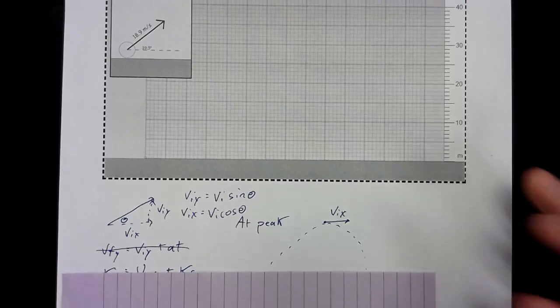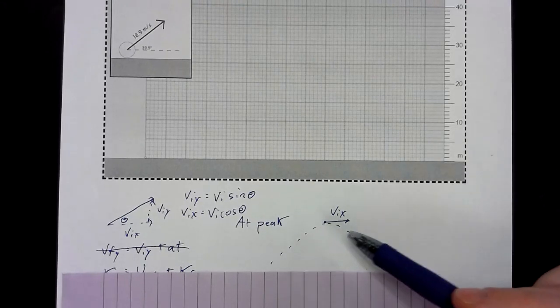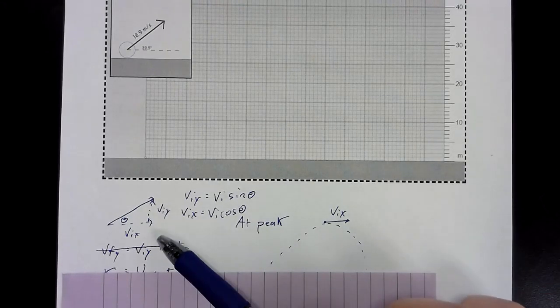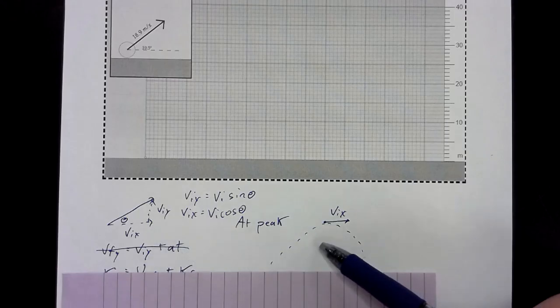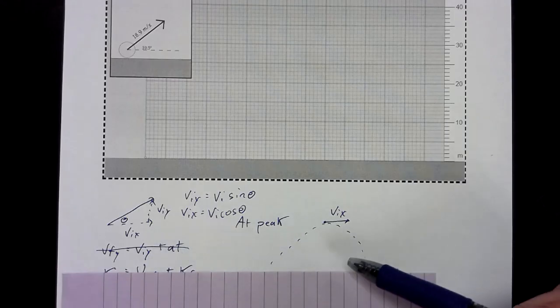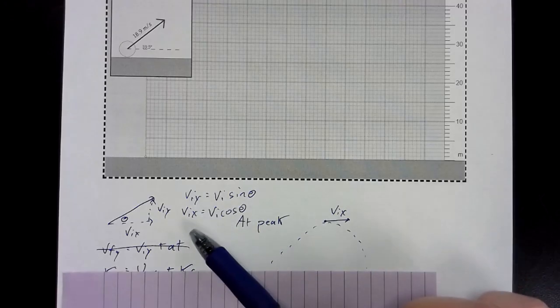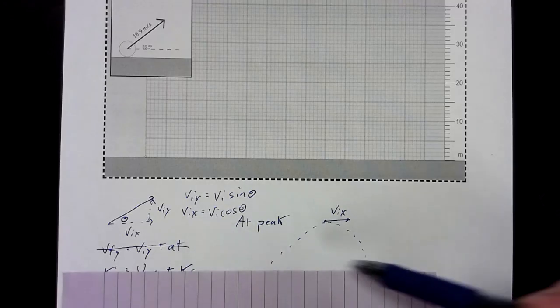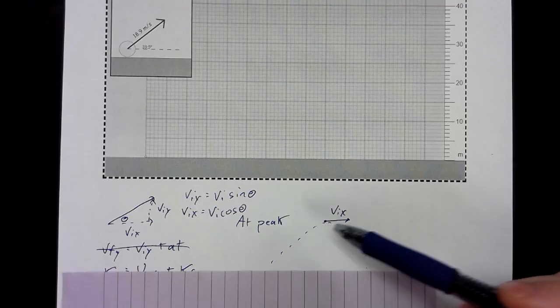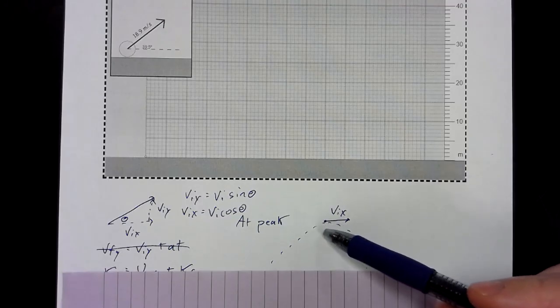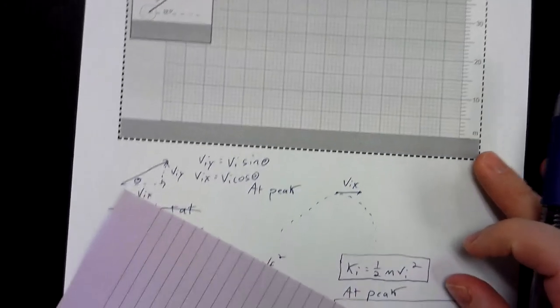So that velocity will actually be equal to the initial x component because there are no forces in the x direction to speed it up or slow it down. So whatever we find for that component, it will maintain that velocity in the x direction, and it will only have that at the top.